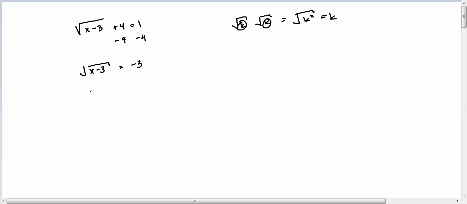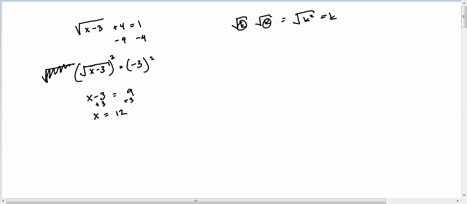So all we need to do is, I mean not multiply both sides, but we need to square both sides. So what we have here is x minus 3 equals 9. And then we can simply solve for x by getting it all by itself: add 3 to both sides, and you get x equals 12.